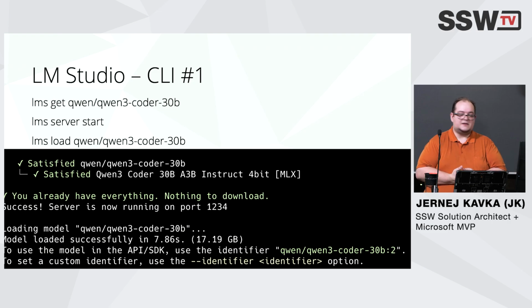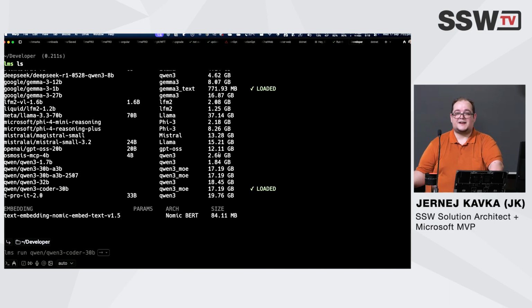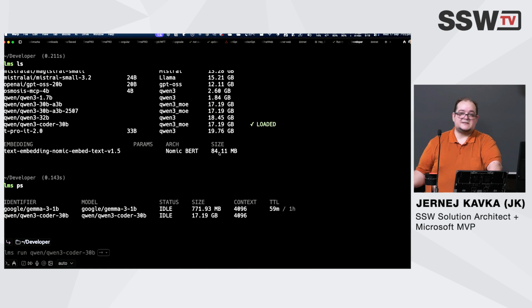And then you can also load the models that you have downloaded. And if you want to check which models you have, if we go to, for instance, terminal over here, I can do lms ls, that's the models that I have installed, lms ps, these ones are the ones that are running. So if you want to do automation, this is a really cool tool.